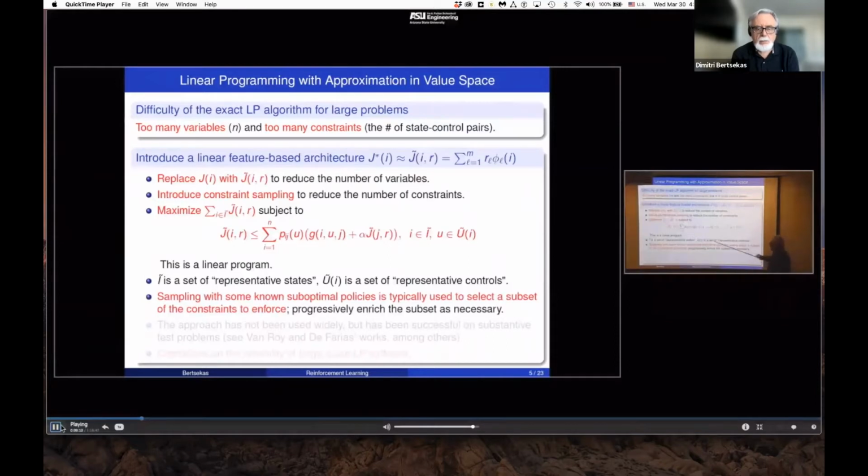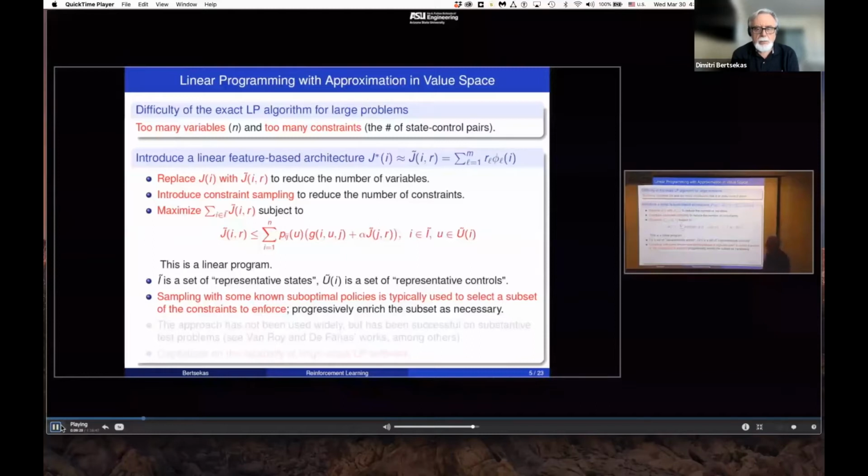Well, obviously, you should enforce the constraint for the important states and the important controls, important in terms of our problem. So one possibility that's typically tried in this setting is to sample the state space and the control space by using some known suboptimal policies. You may know some good policies that look good, and you introduce representative states and controls.